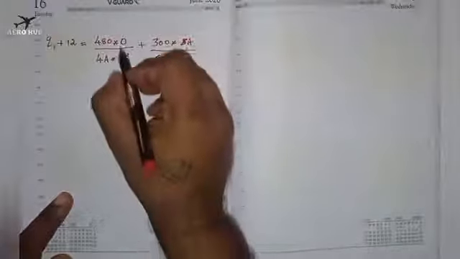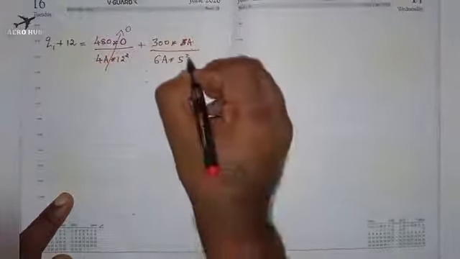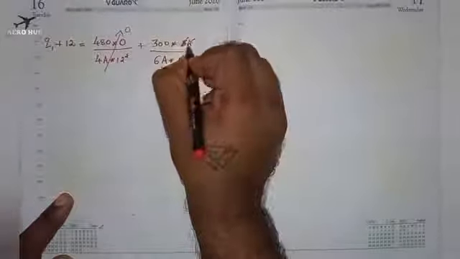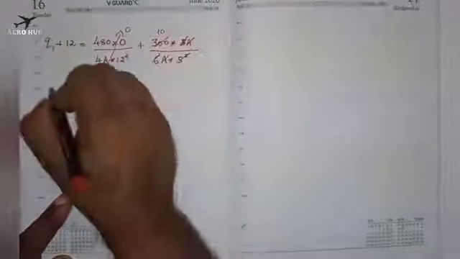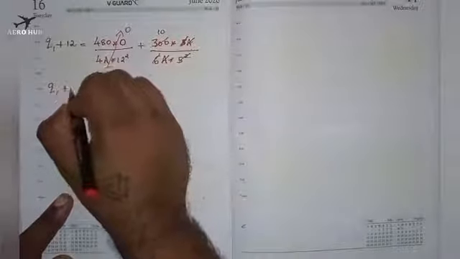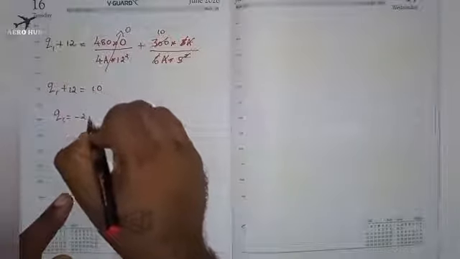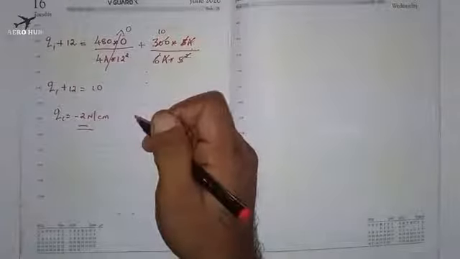When I substitute, this term becomes 0, and I can cancel the 5 square and the A, so it will be 6 into 5, 30, and this is 10. Finally I get q1 plus 12 is equal to 10. So q1 will be equal to minus 2 Newton per centimeter. This is the answer for q1.